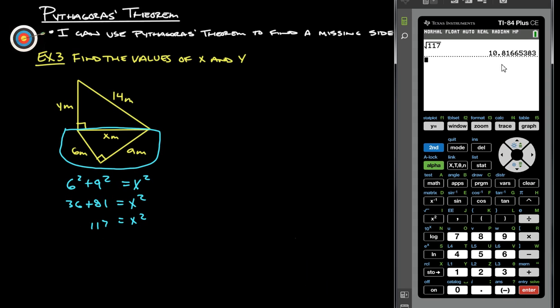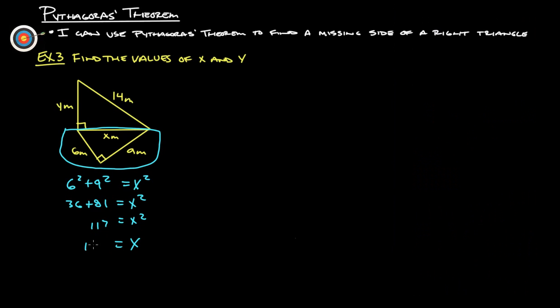And we get 10.816, so first, second, third significant figure. 1 tells the 8 to stay the same, so we got 10.8, and this is meters. You're going to always want to put your label on at the end if you don't have it all the way through. Okay?